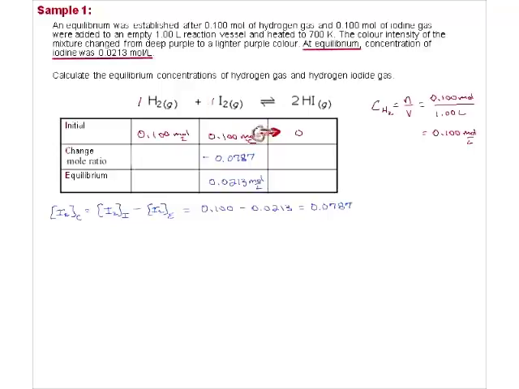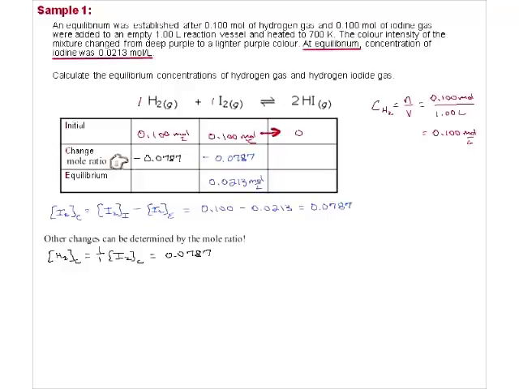Because if this reaction is going to move forward and this much iodine was used up, it's a 1-to-1 ratio, so the same amount of hydrogen had to be consumed as well. Okay, so the other changes are going to be determined by the mole ratio. So in this particular example, the change in hydrogen is equal to a 1-to-1 ratio times the change of iodine. So hydrogen would be the same as the amount of iodine that changed. So we'll put that value in our table.